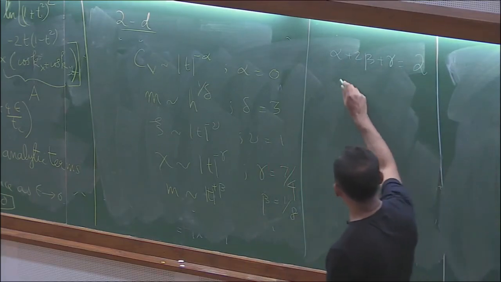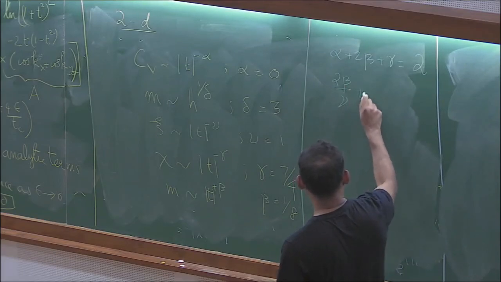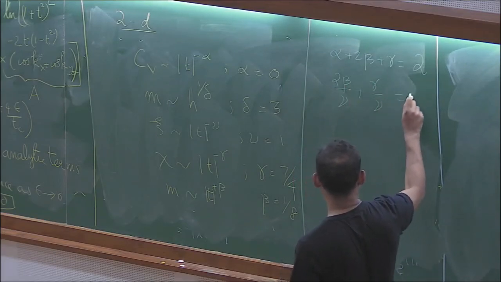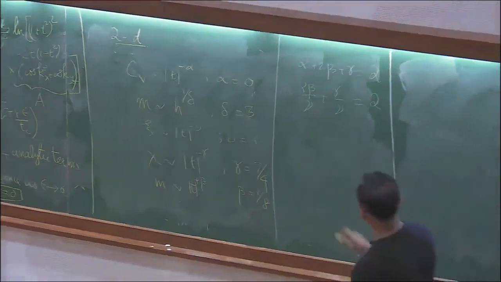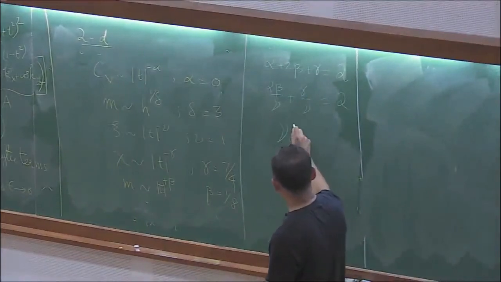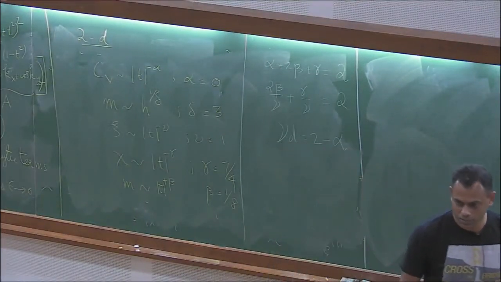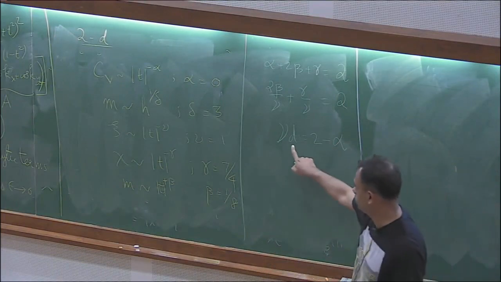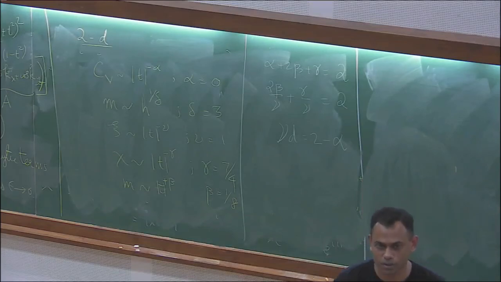Then there's another one which says 2 beta by nu plus gamma by nu should be 2. It satisfies that one too. Then there is another one which says nu d equals 2 minus alpha. It satisfies that one too at d equal to 2. 2 into 1 and 0 and so on. So these experiments are consistent with what you get.